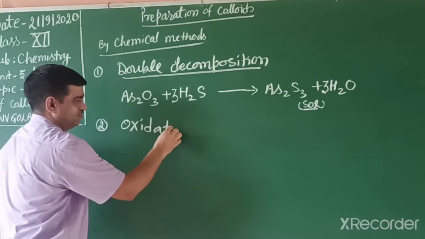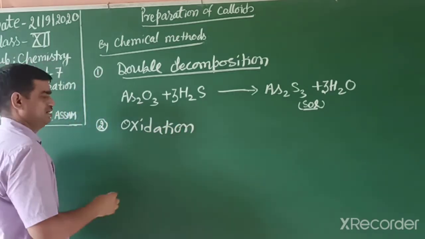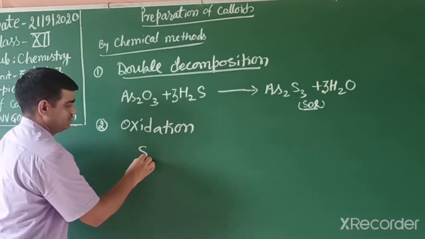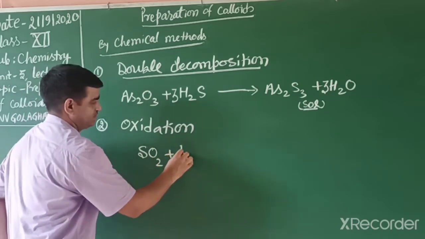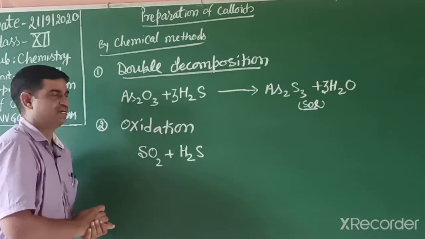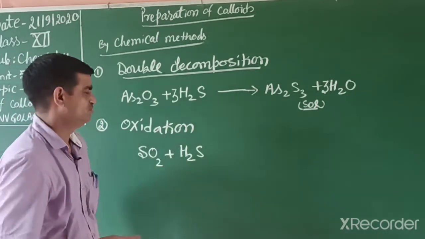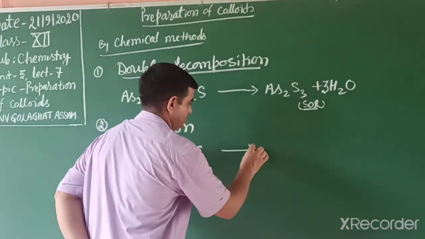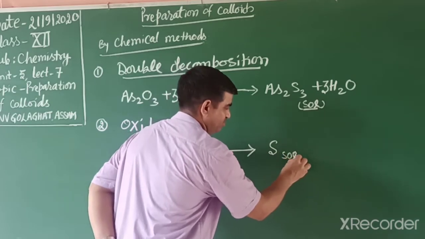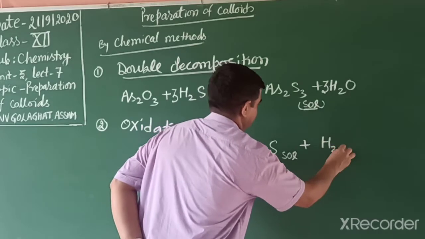Oxidation. In this reaction we take a particular example of hydrogen sulfide with sulfur dioxide. We take sulfur dioxide plus hydrogen sulfide. In this reaction, sulfur dioxide acts as an oxidizing agent, and when the reaction completes we get sulfur sol, meaning solid in liquid, and hydrogen oxide.